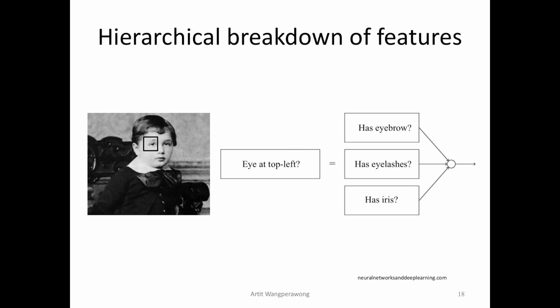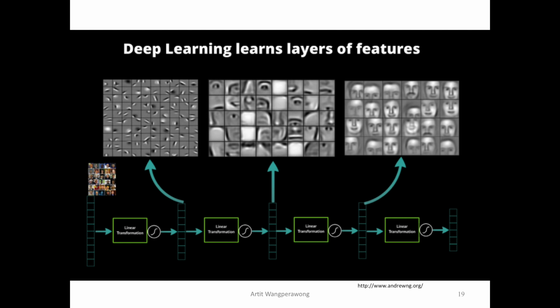And it's been demonstrated that this works. This is some results from Andrew Ng's group, whereby they've broken down the features of the human face in different layers. Let's start from the right. The first layer is the full face of different types of people, male and female.